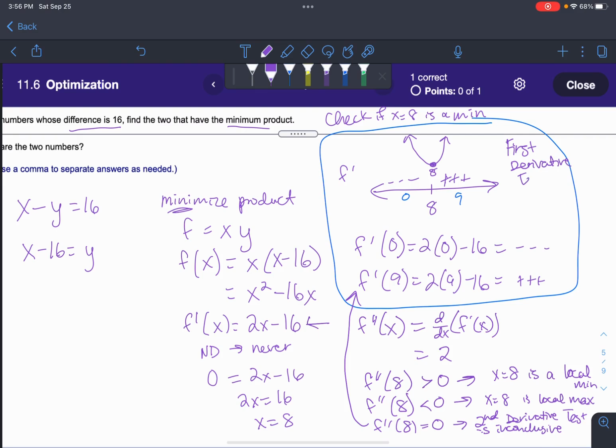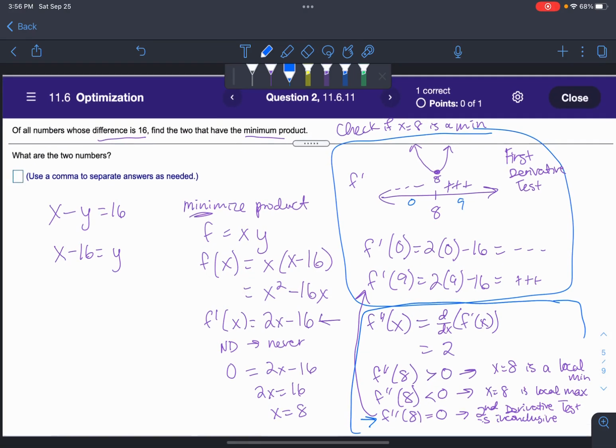Okay, so that's why I kind of like using the first derivative test straight off the bat, just because you don't have to find the second derivative and you don't have to run the risk of the second derivative test being inconclusive. But if you like finding the second derivative and using this kind of logic below instead, go for it. But just keep in mind that you may get the case where it's inconclusive.